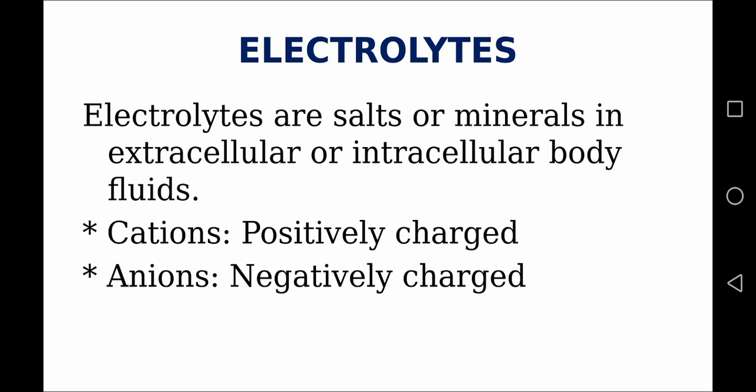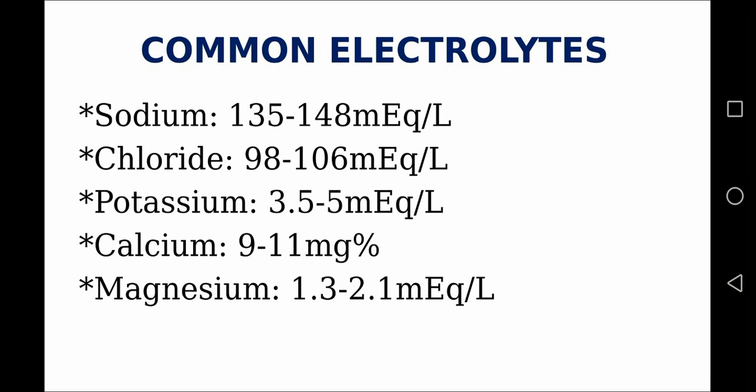The main functions of electrolytes are to assist in regulation of water balance, and they are essential for neuromuscular activity and regulation of acid-base balance in the body. Let's see the common electrolytes and their normal values.